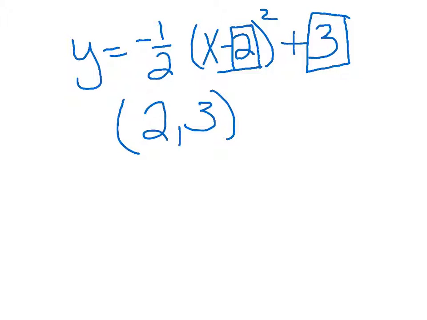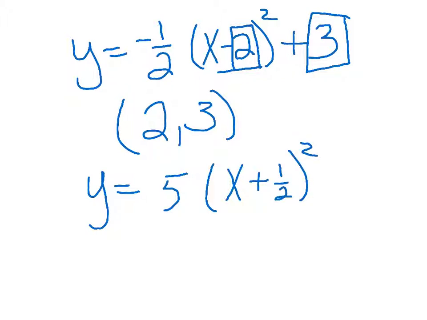Let's do another one. How about y equals 5 times x plus 1/2 squared minus 1. Okay, you notice on this that the signs are not right. So I'm going to have to fix my signs first before I pull out my vertex.